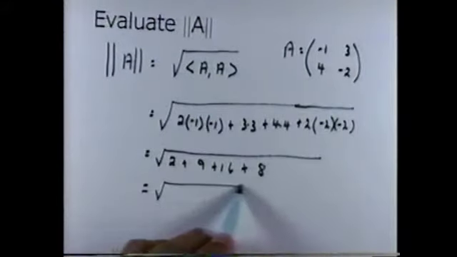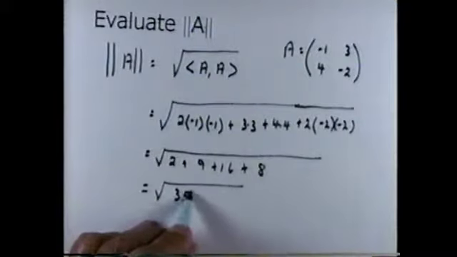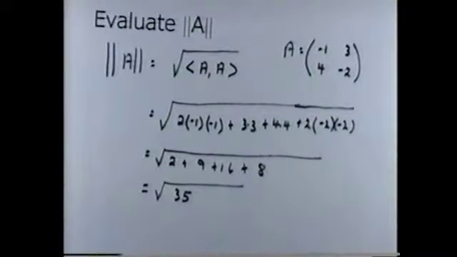This is going to be the square root of 25 plus 10, which is 35, because 9 plus 16 is 25, plus 10 is 35. That's right.